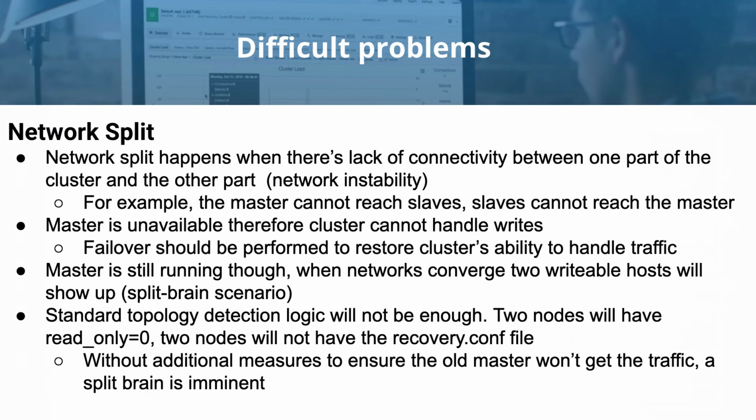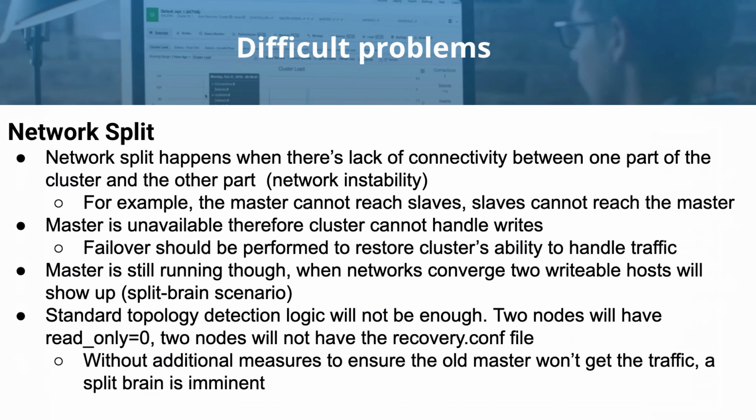Network split can also happen when there's a lack of connectivity between one part of the cluster and the other part. For example, the slaves cannot reach the master, so there's network instability. The master is unavailable, therefore the cluster cannot handle writes. Failover should be performed to restore the cluster's ability to handle traffic. The master is still running, but when the networks converge, two writable hosts will show up, so you end up with a split brain scenario.